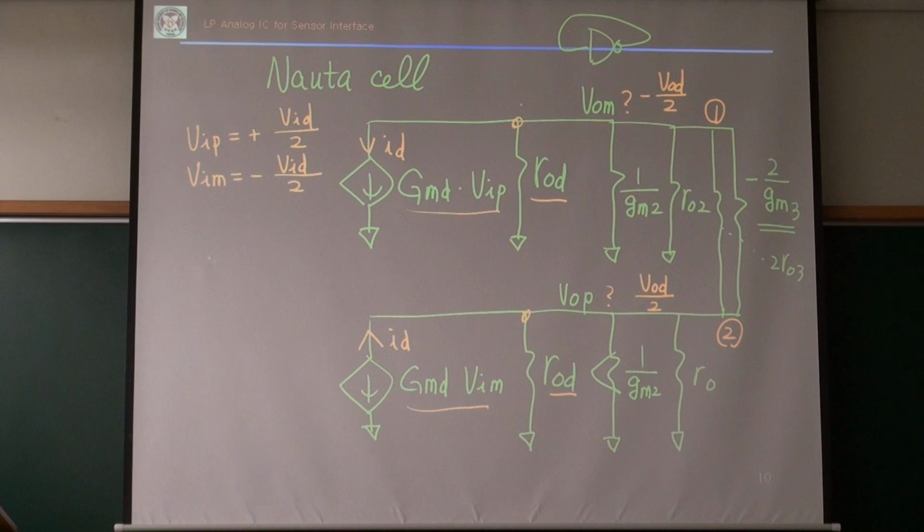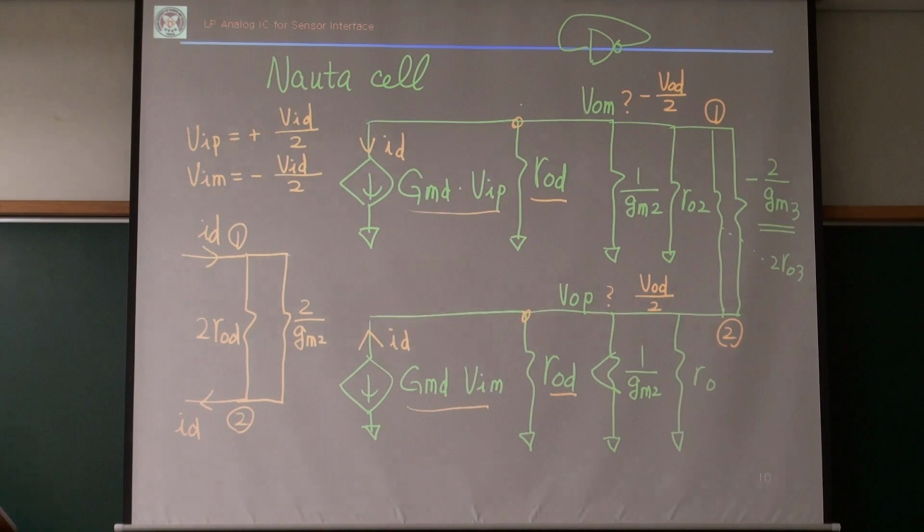Let's say I have ID flowing into node number 1 and ID flowing out of node number 2, and I have a series connection of 2 RO driver. Now 2 over GM2 is there, and 2RO2 is also there.